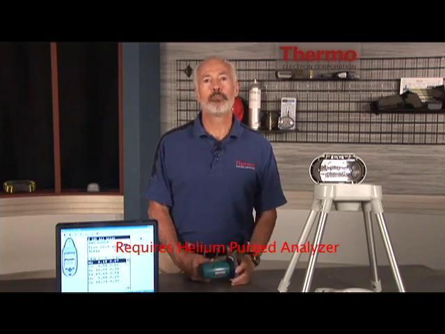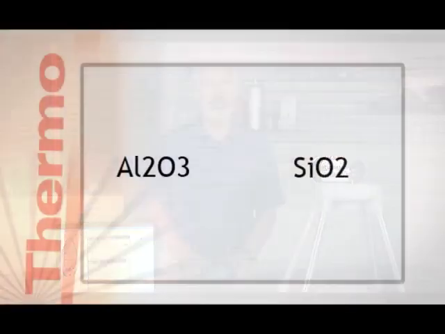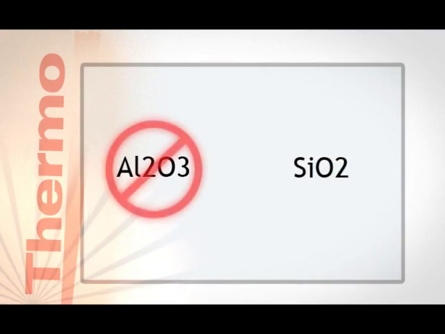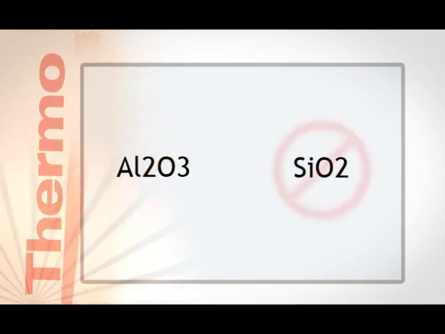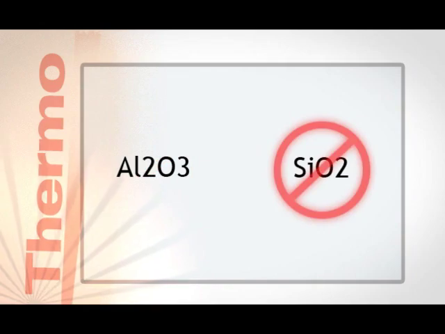When using the helium purge equipped instrument, don't use aluminum oxide grinding paper on an alloy that will be analyzed for low levels of aluminum alloying elements, or silicon oxide grinding paper when low amounts of silicon alloying elements are to be determined.